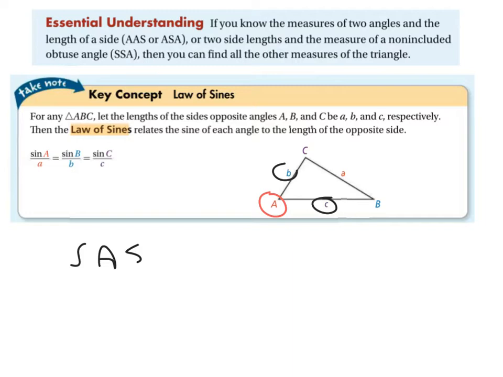So let me just erase this. What we need to have is either angle, angle, side, or side, side, angle. If we have that, we can set it up like this.